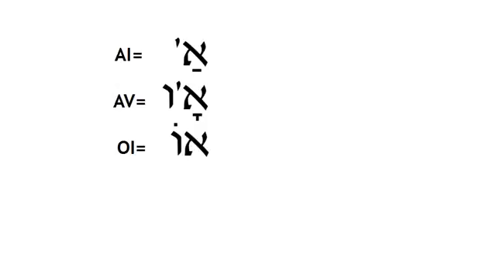And when we have our Vav, we're going to put our little dot above it, just like we did before. And how do you think we're going to make the y sound in oi? We're just going to take our friend yud, and we're going to add it in there. So this is oi.